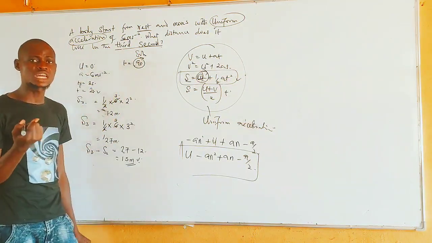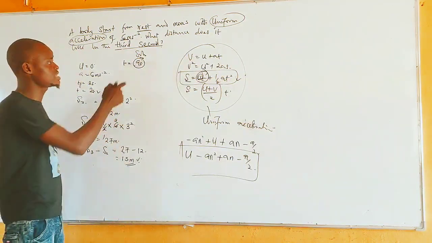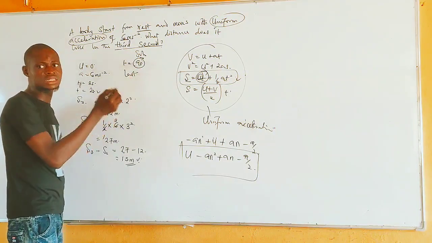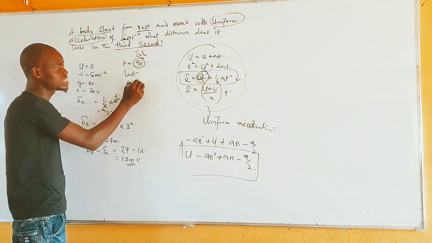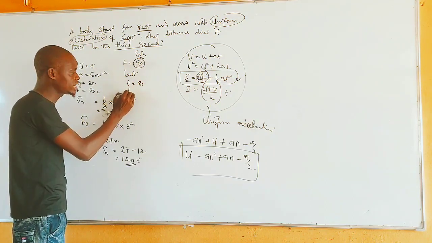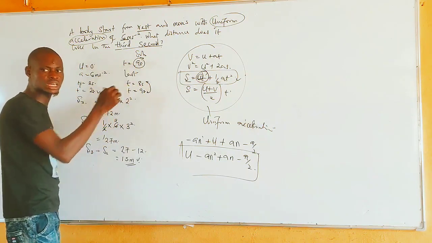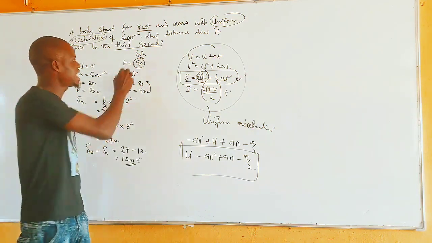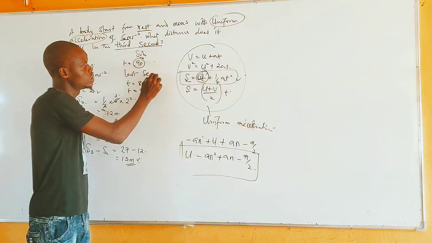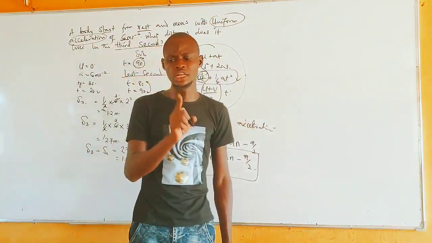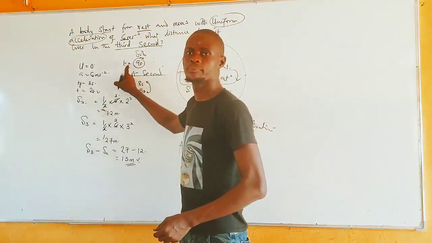So they expect a student to understand that when the time is 9, last second simply means the distance the body covered when the time taken is 8 seconds and when that time taken is 9 seconds. What is the difference between the two distances? That is what we call last second. So they normally use this word last second only if you are given time.